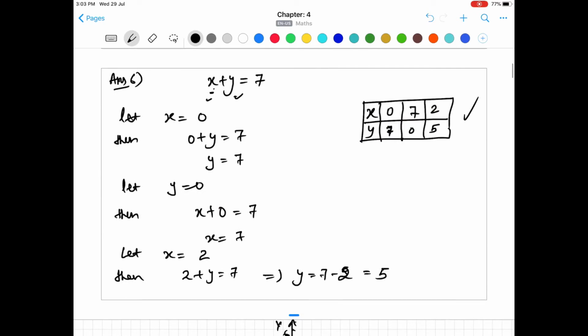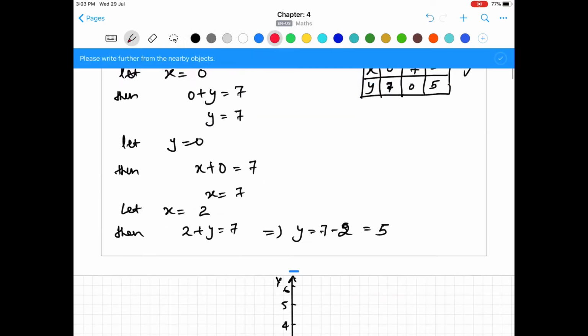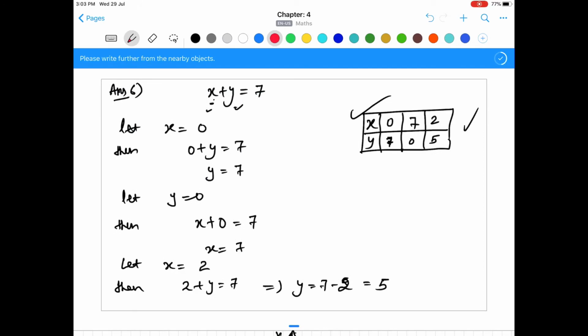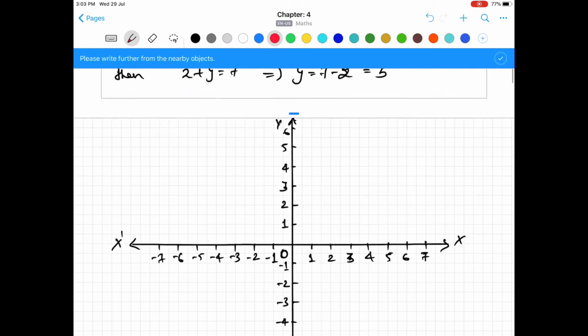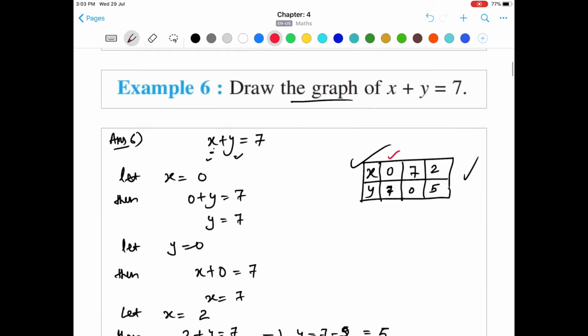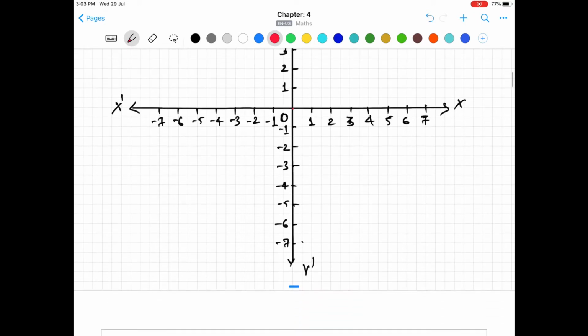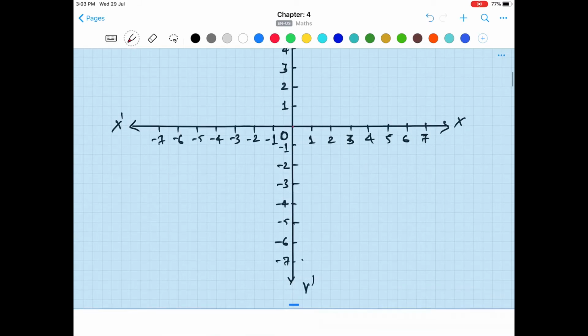Now we will represent these points on this graph paper. Let's use a different color. First point is x 0, y 7. That means we start from the origin here. Since x is 0, we stay here. y is 7, so that means we have to extend this graph.